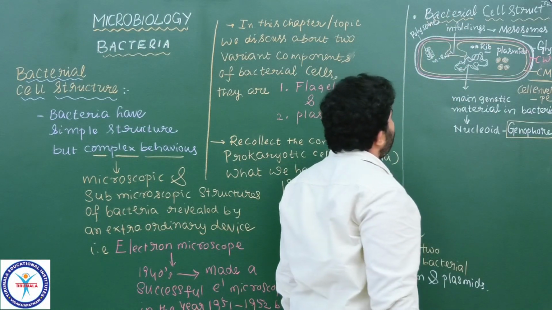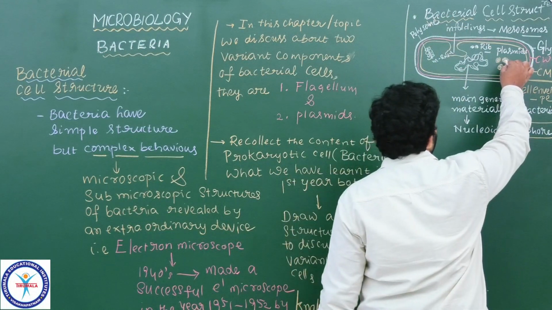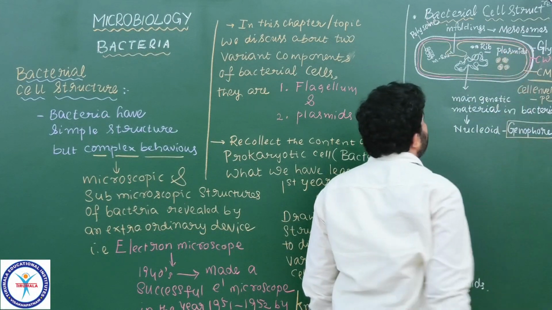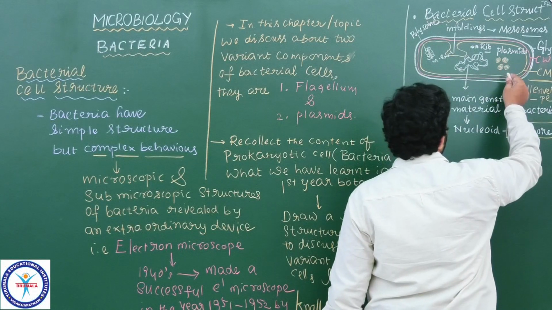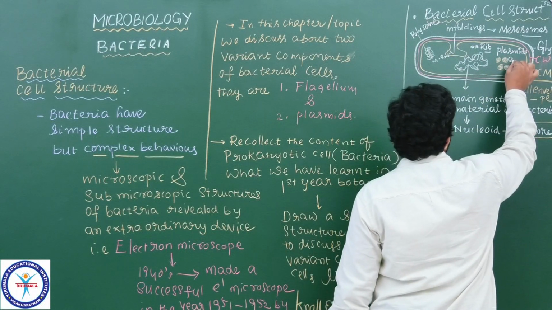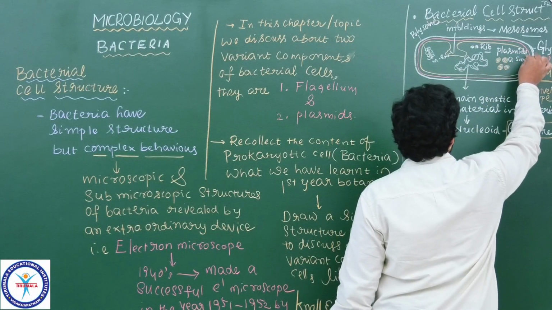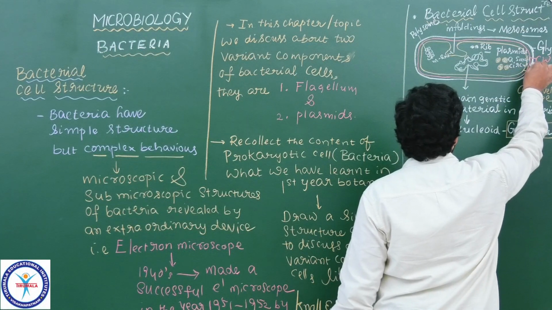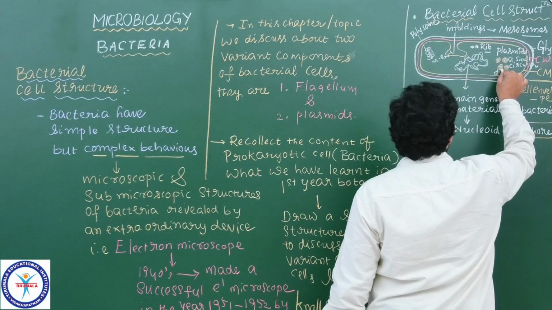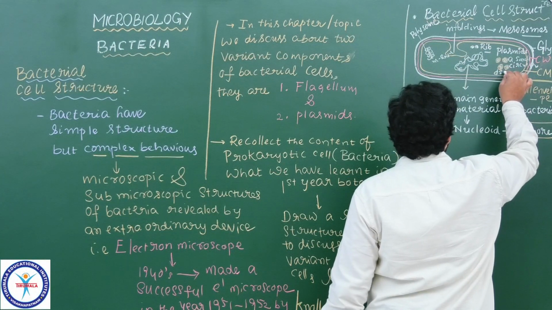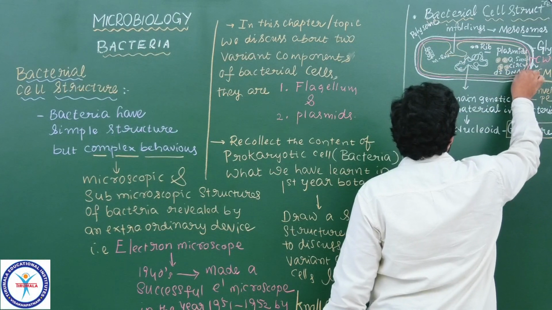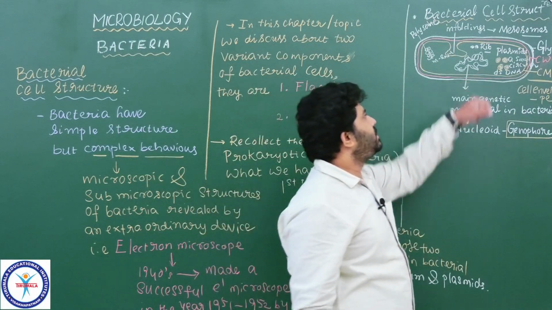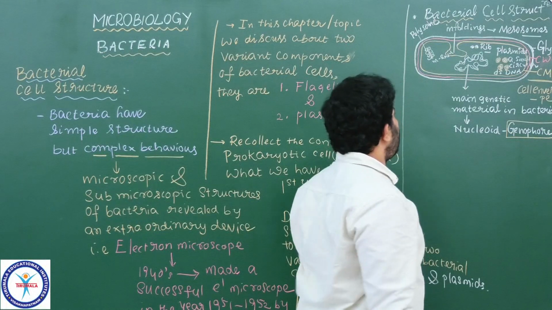But now we focus on these small circular dsDNA molecules. Please note down, what is the shape you are observing here? Circular dsDNA, extra-chromosomal dsDNA molecules, are called plasmids. Here we need to discuss them.